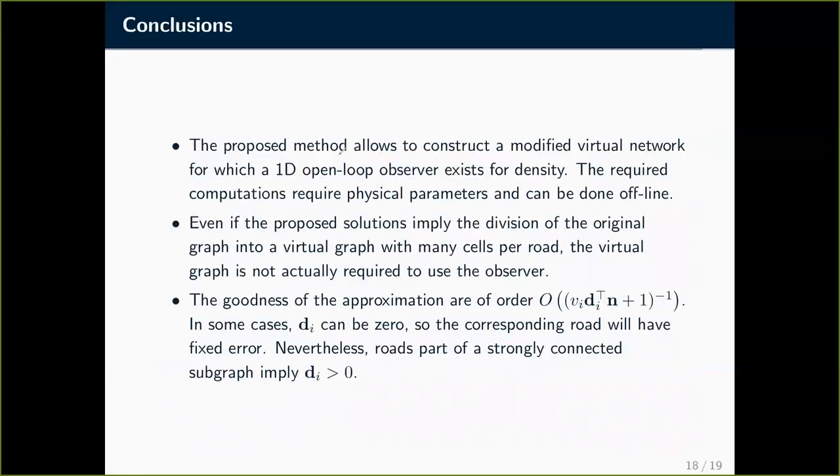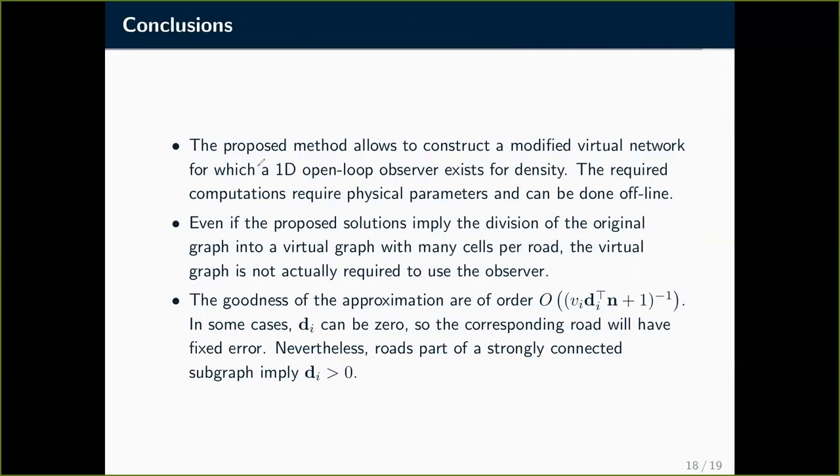So in conclusion, first, we proposed a method that allows us to construct a modified virtual network for which the open loop observer exists for the average density. The required calculations to obtain the physical parameters, which are the number of partitions per road and the cell length, can be done offline.